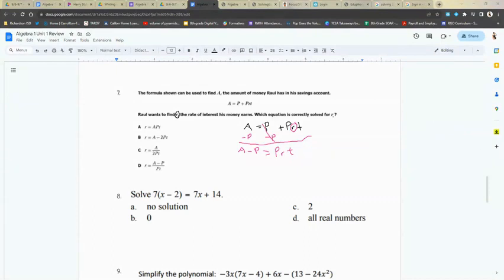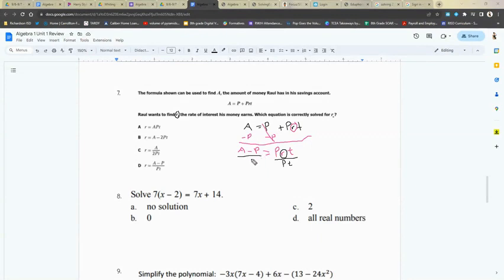I'm going to circle R, and I'm going to get rid of P and T because we want to solve for R. So to do that, I'm going to divide both sides by P and T because that's the inverse operation. If the letters are right next to each other, that means you're multiplying.